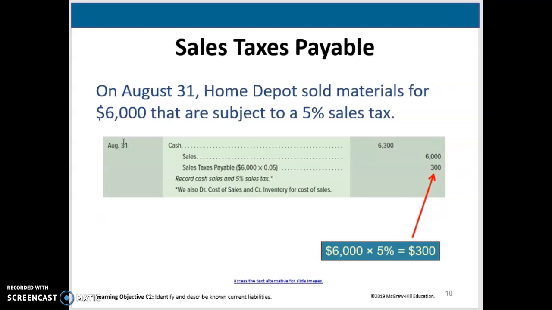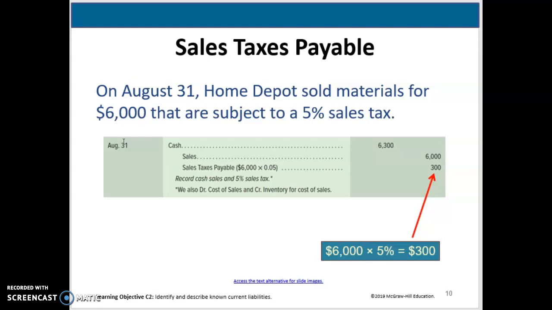So let's look at an example of sales tax payable. It says if Home Depot sold $6,000 that are subject to a 5% sales tax on August 31st, what does our entry look like? Well, we're getting $6,000 cash. We have sales of $6,000, but we have a 5% sales tax. We're not paying that right then.